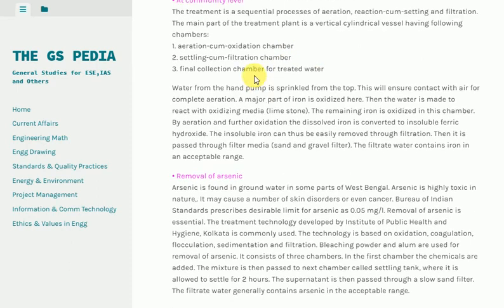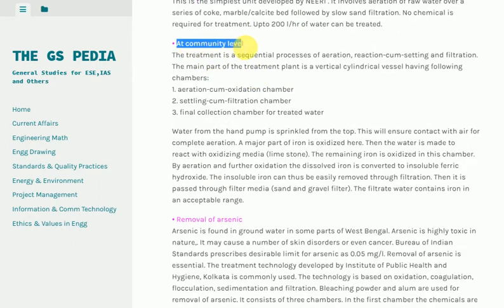At community level, the treatment is a sequential process of aeration, reaction, settling and filtration. The main part of the treatment plant is a vertical cylindrical vessel having the following chambers: 1. Aeration oxidation chamber. 2.